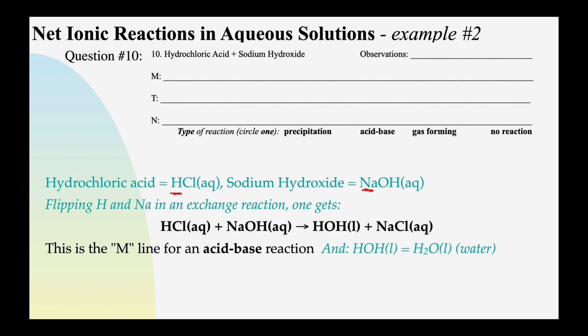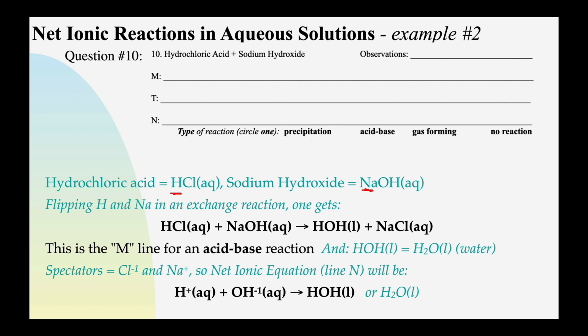So again, this part right here, that's the M line. All right, that's what's actually happening on a molecular level. Pulling out the Na+, you can see that Na is in species which are aqueous on both sides. That's a quick way to tell Na+ is one of the spectators.